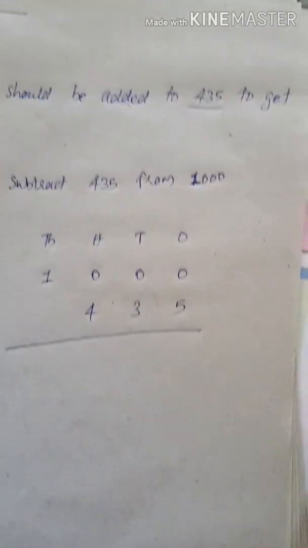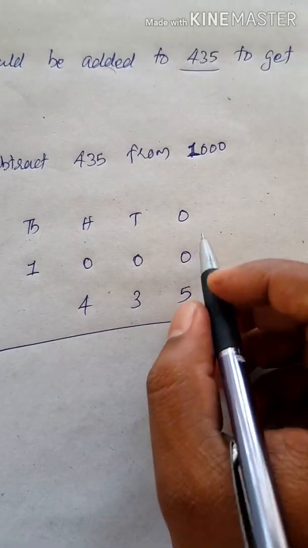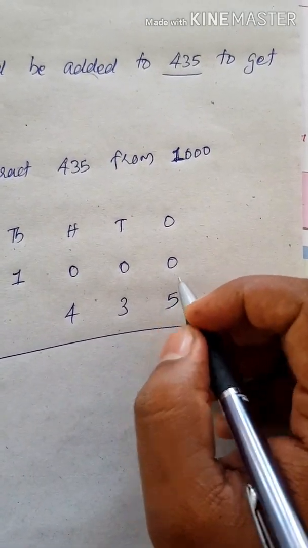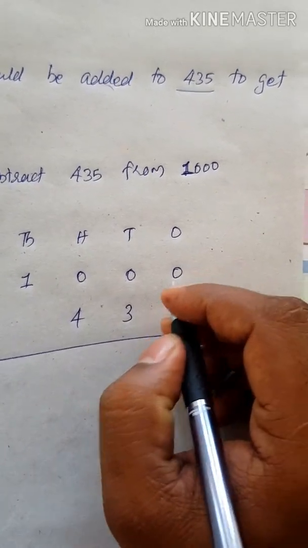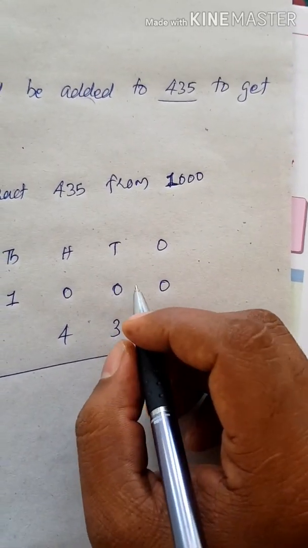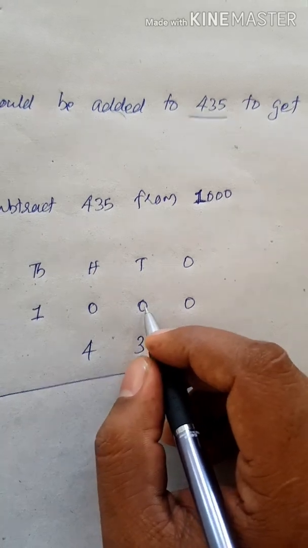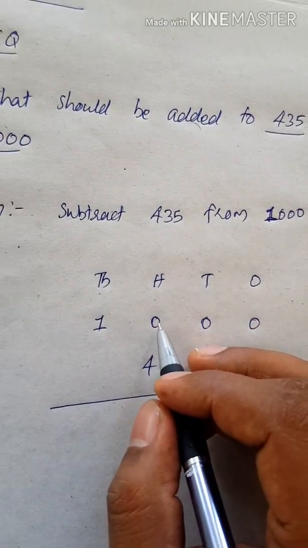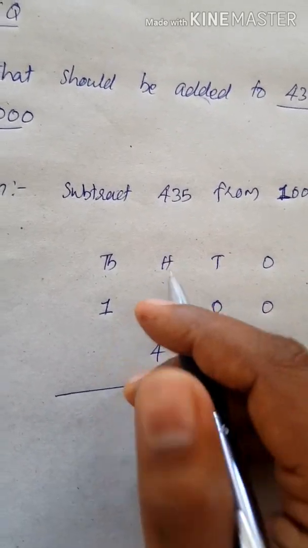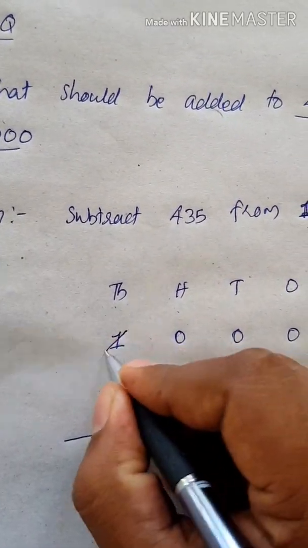Okay, let's start with the ones column first. Here in the ones column we have 0 minus 5. You know that you cannot subtract 5 from 0. So let us take 1 from the tens column. Here also 0 is there, so let us move to the hundreds column. Here also 0 is there, so let us move to the thousands column.